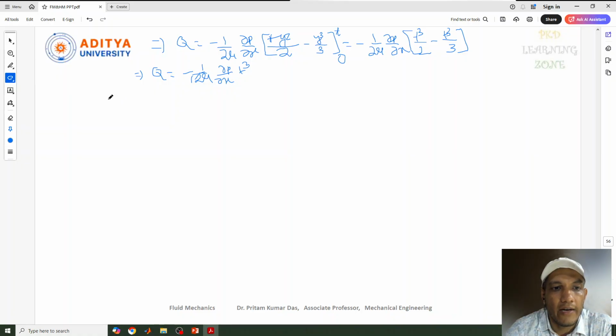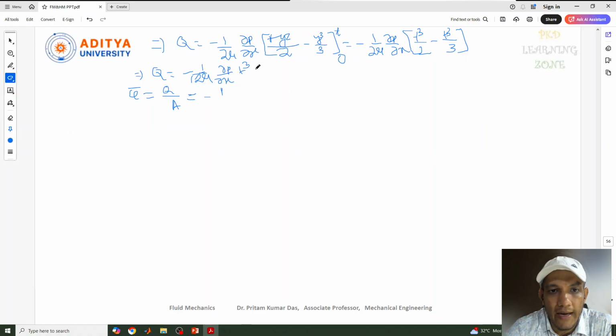Now what do we need to find out? As we discussed, u bar. So u bar equals Q by area A. Q is this value, and the area is t into 1, the thickness t into the width 1.